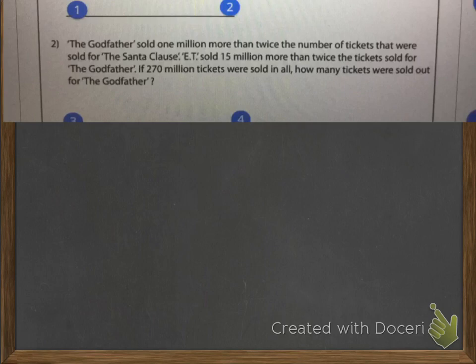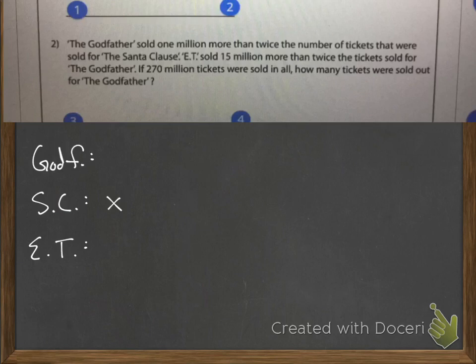So let's get organized. I like to say there's Godfather, there's Santa, and there's E.T. The Godfather sold 1 million more than twice Santa Claus. I don't know what Santa Claus is, so I'm going to call it x, all right? And I know Godfather sold 1 million more than twice that.